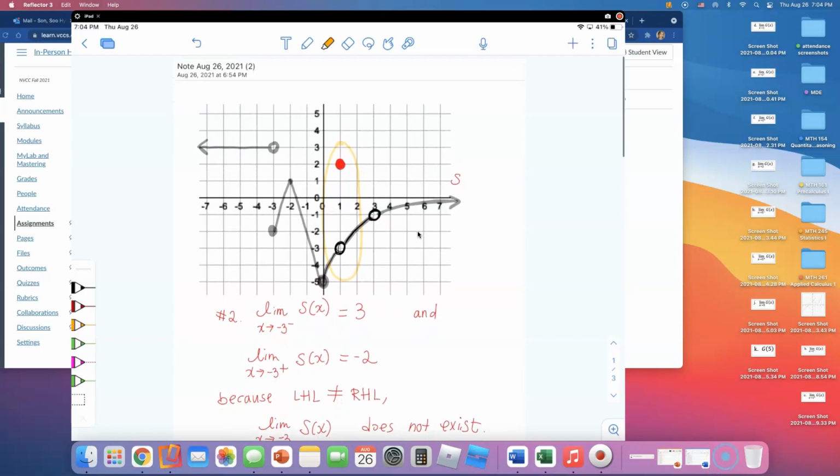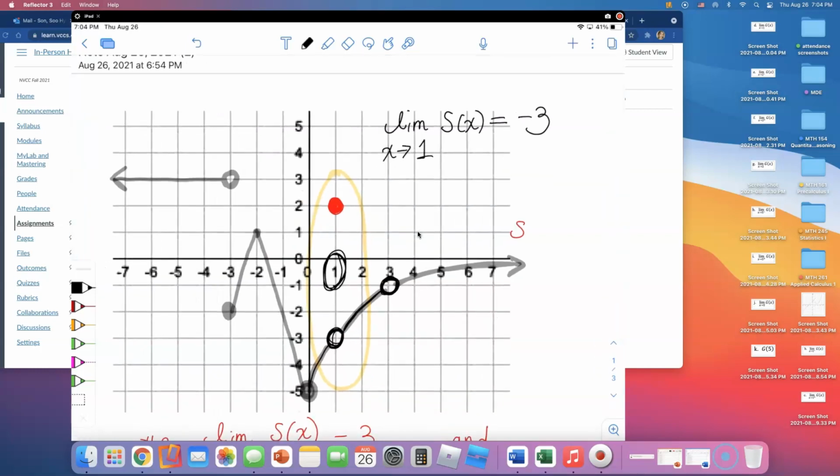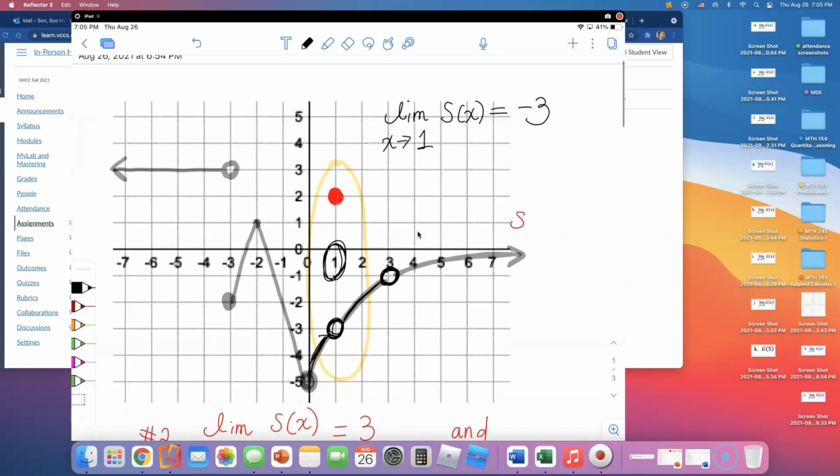I'm out of room, so I'll write it here. I can tell them that the limit of s of x as x approaches 1 is equal to -3. Why? Because to the right and to the left, they're trying to go to -3. But s of 1 is up at 2.